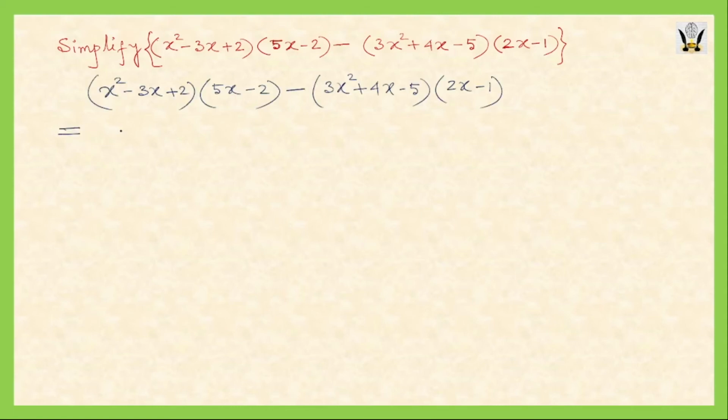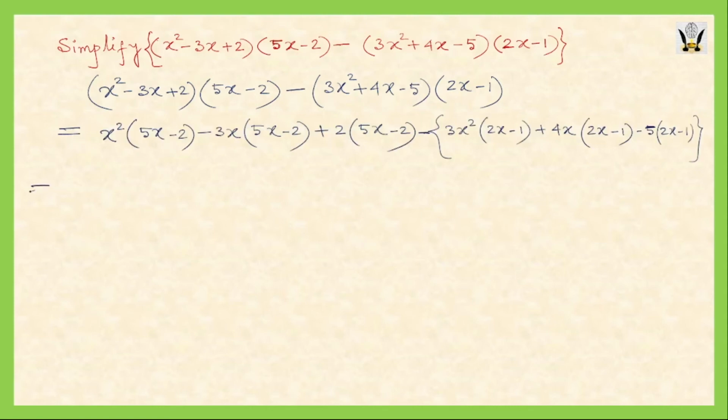So we will multiply as per the rule that we have learned and seen in the previous problem. Now if we simplify further, it will be 5x cube, then minus 2x square, then minus 15x square, then plus 6x, from here it will be 10x, then minus 4.